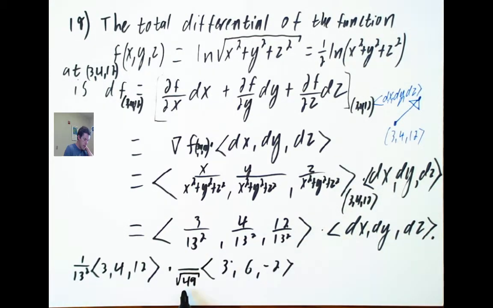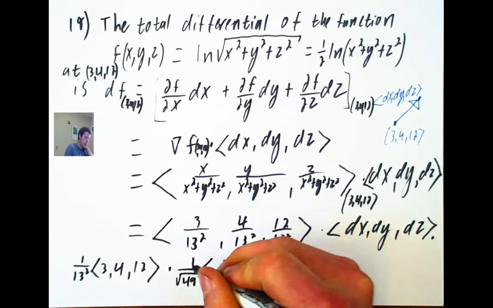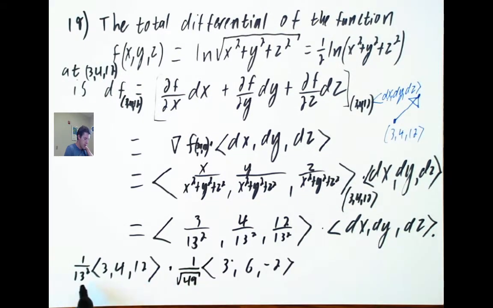Okay, so what I have right here, if I put a 1 up there, this now is the gradient of f evaluated at 3, 4, 12, dotted with a unit vector, and that's not what I want either. It says a distance 0.1 in the direction of that unit vector. So what I should do is multiply this unit vector by 0.1.